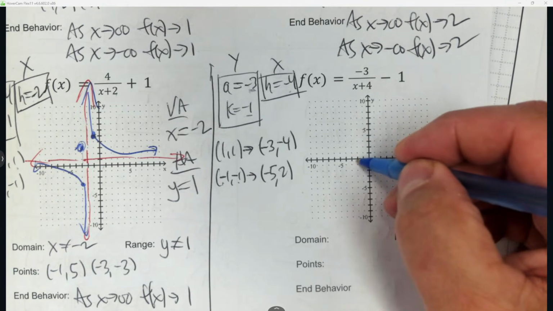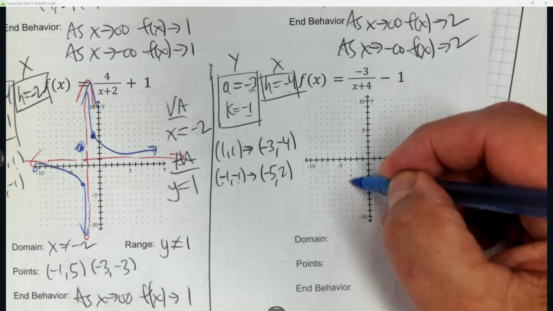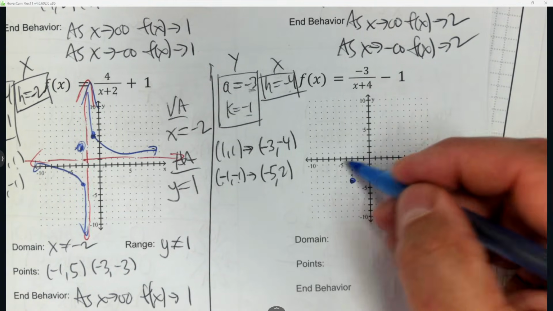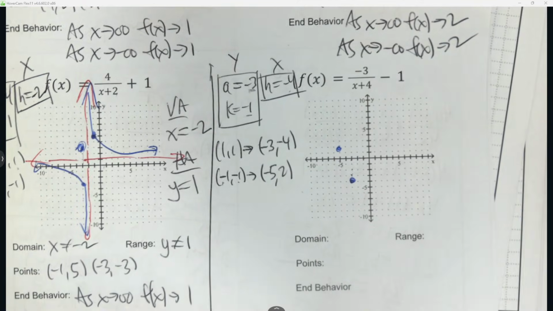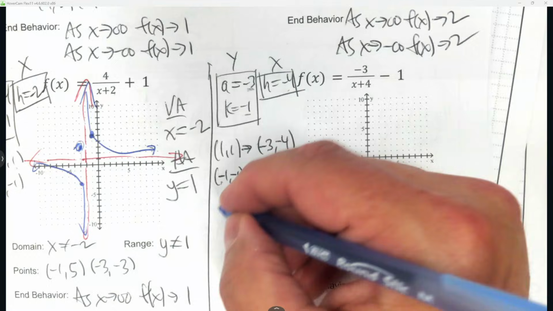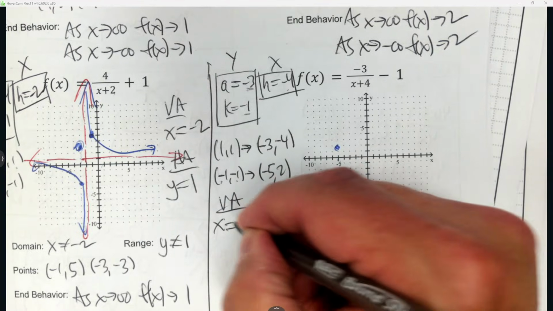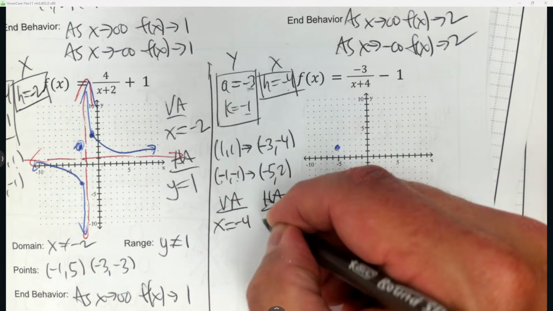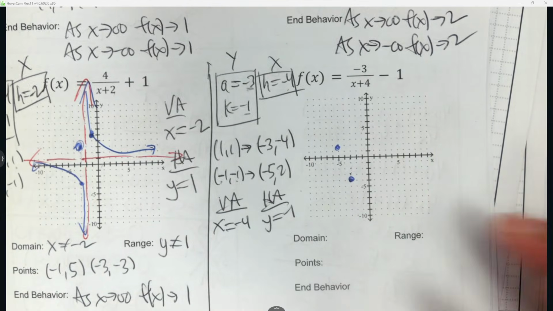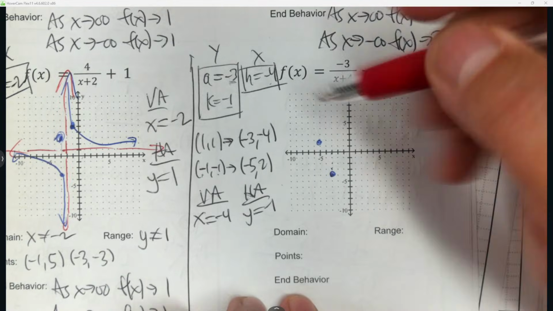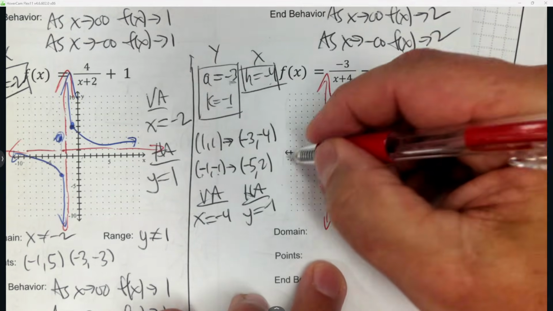Then put those points on the graph. So (-3, -4). I'm not going to make the same mistake again. I hope not. Then (-5, 2). So now my points are okay. I have two lines, my vertical and my horizontal. So x equals h and y equals k. So I have a line at negative 4 and at negative 1.